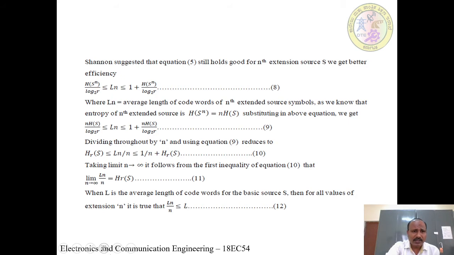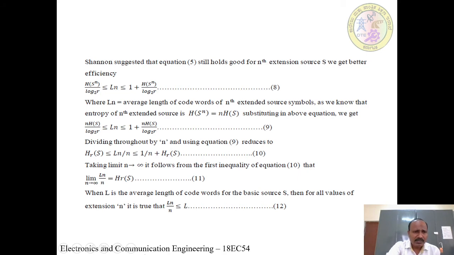And as we know, the entropy of the nth extended source is H(S^n) equal to n into H(S). Substituting in the above equation, as we have already seen for the nth extension of a source, H(S^n) can be written as n into H(S). So n into H(S) divided by log r base 2 is less than or equal to L_n, which is less than or equal to 1 plus n into H(S) divided by log r with base 2.